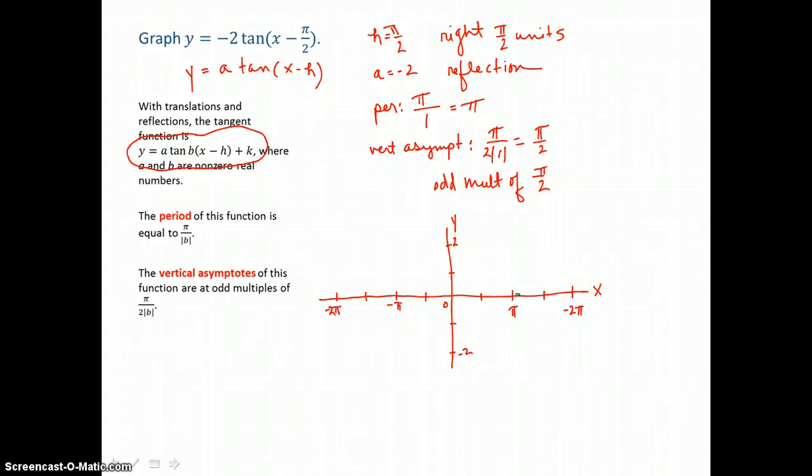Okay, and then we know that our asymptotes would be the first thing we'd put in place, and they would be at odd multiples of pi over 2, but because there's that shift right, pi over 2 units, I'm going to move that asymptote right, pi over 2 units, 1/2 pi unit, and I'll build my first asymptote here. And now my period is pi units long, so every pi units, I'm going to have another asymptote to put in place for this tangent function.